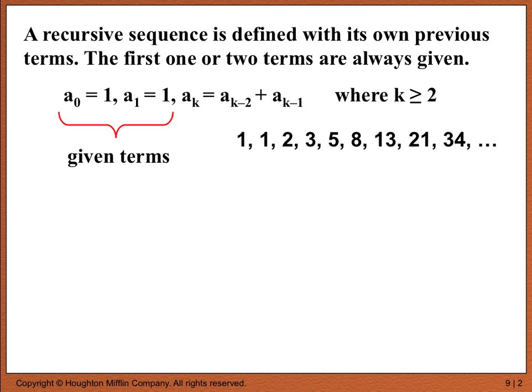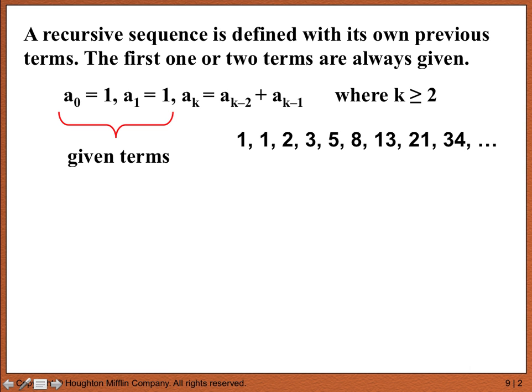So in any case, a sub 2 here for the third term, a sub 2 equals a sub 2 minus 2, which is a sub 0, plus a sub 2 minus 1, which is a sub 1.